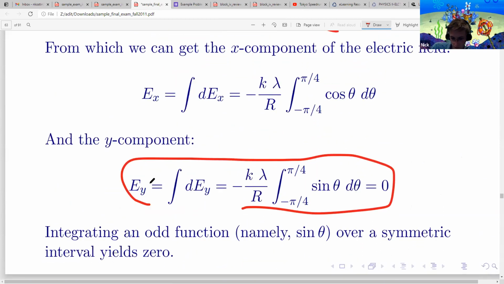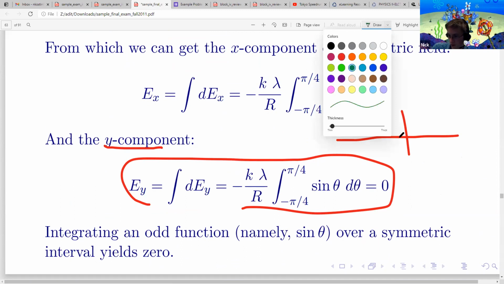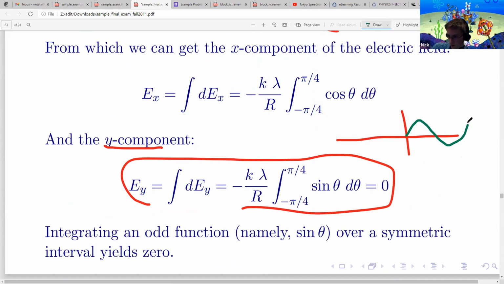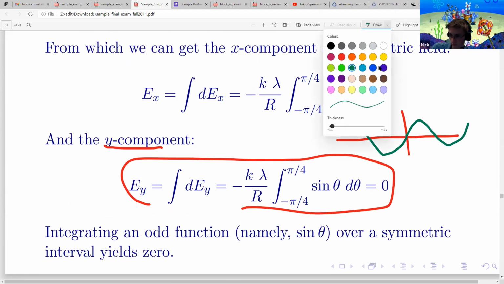For the y component, I'm integrating sine of theta d theta. If I draw out a sine function, it's going to look like this. I don't know if any of you heard this terminology in calc or somewhere else, but sine is called an odd function because it's symmetric about the origin.